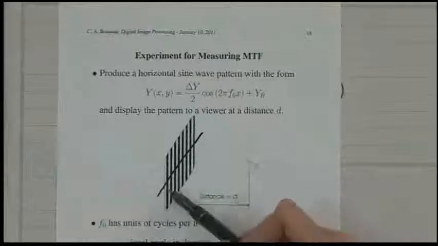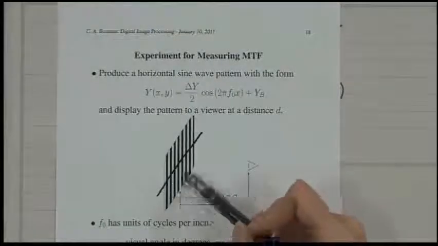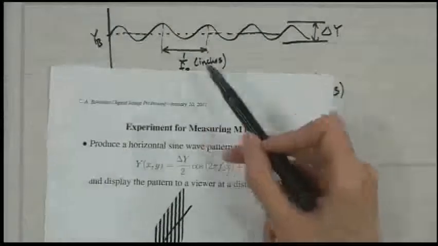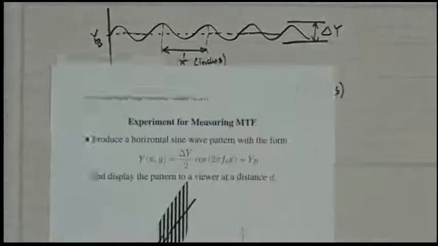Okay, so we produce this pattern. Luminance changes by delta y, and the spatial frequency, how fast it's varying, depends on that f naught.